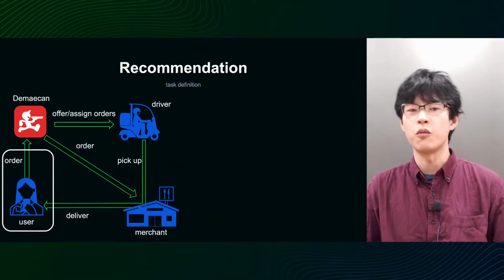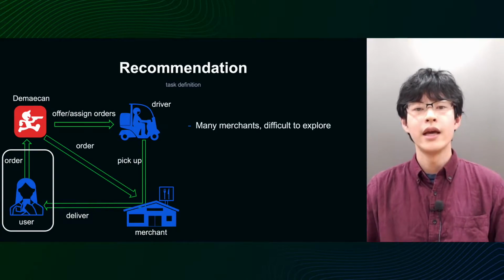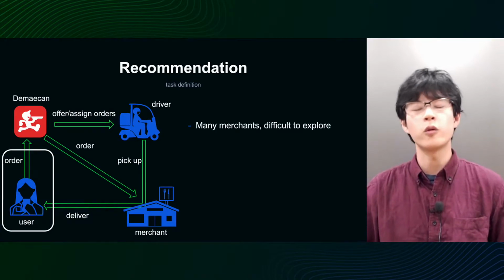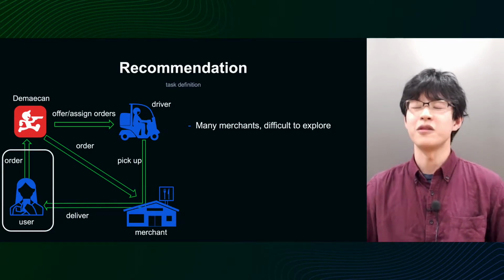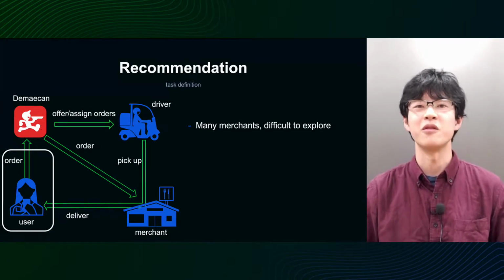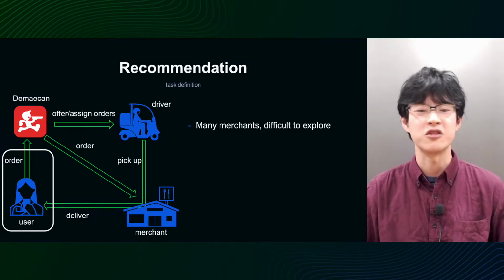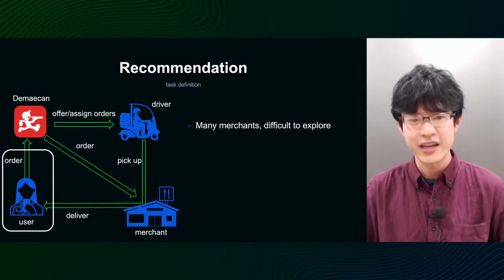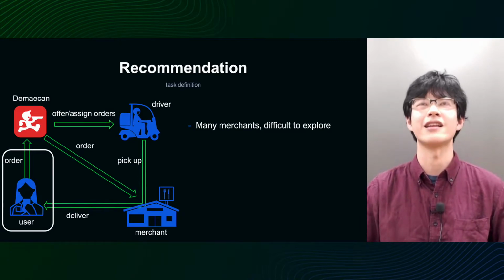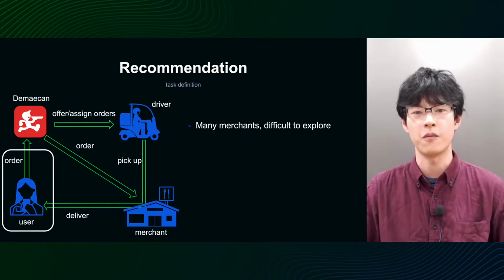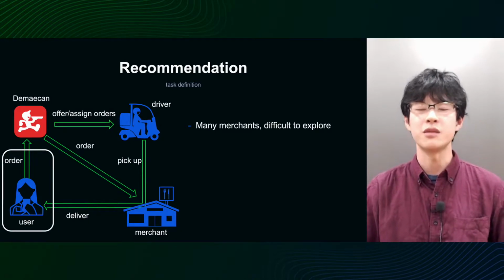The first component is where the user places an order. There are so many merchants to choose from, and it's simply impossible to go over all of them. When I tried, I found hundreds of merchants available in my neighborhood.